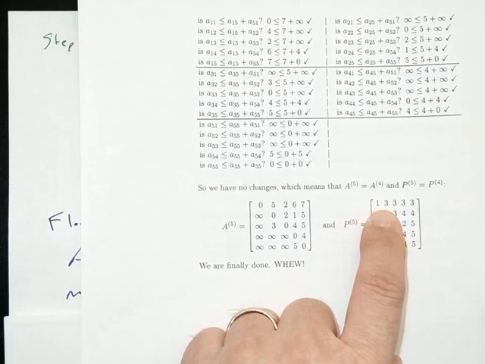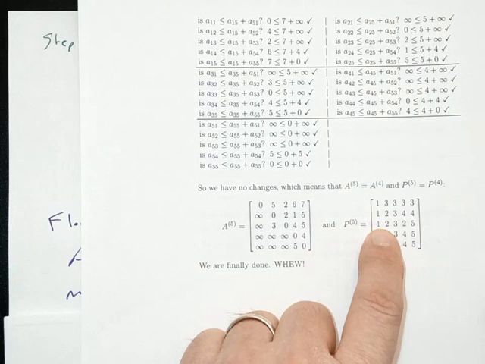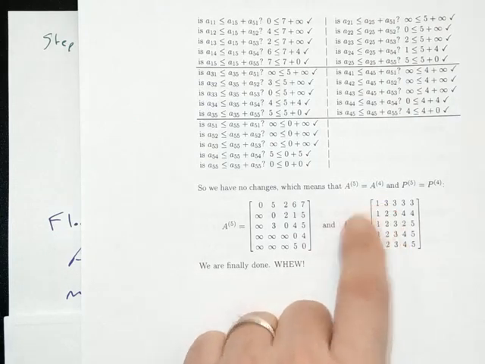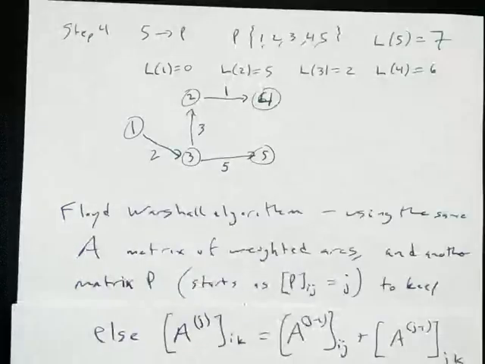You're at vertex 3. Go to row 3. Can you get to column 2? Yes. You just found the path. 1 to 3 to 2. You found the shortest path. So I can use the matrix P to figure out the path.